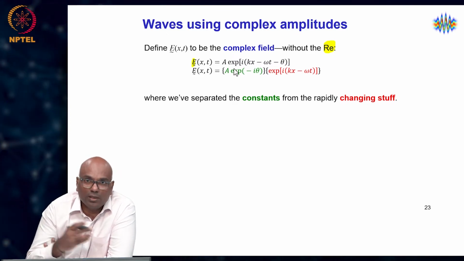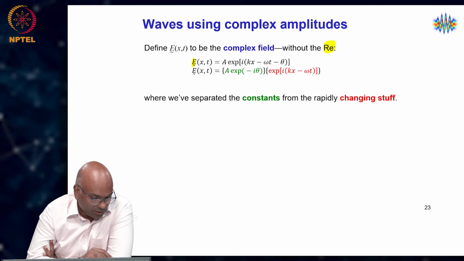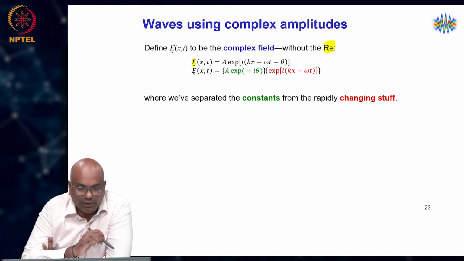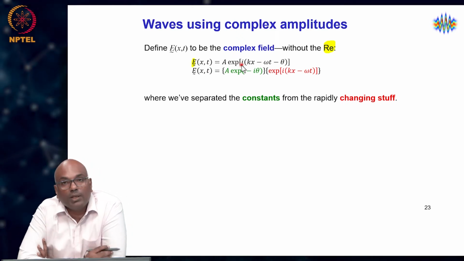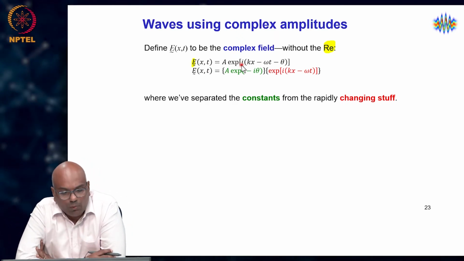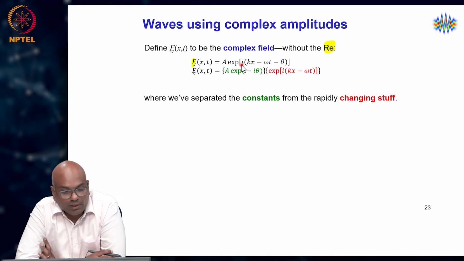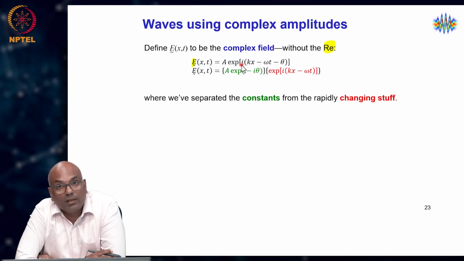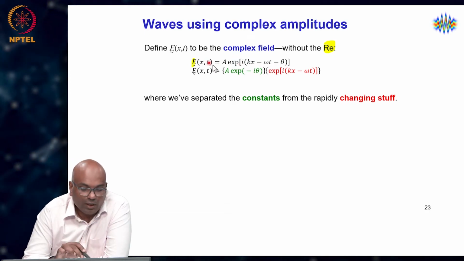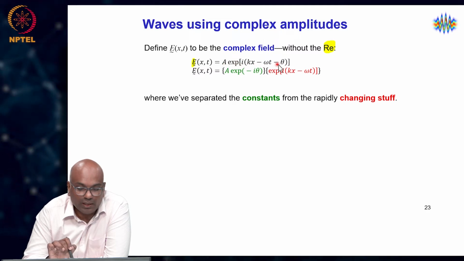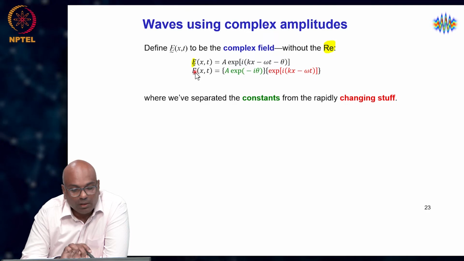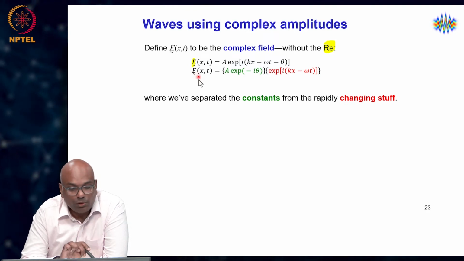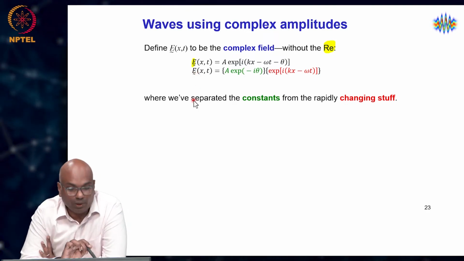Okay, so let us upgrade ourselves to this somewhat advanced habit and use E tilde of x, t as the quantity of relevance here to describe the electric field. E tilde of x, t is exponent i(kx minus omega t minus theta). In other words, we can also write this in the following way.